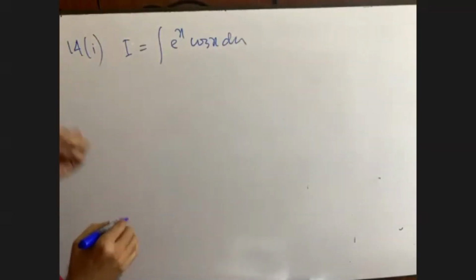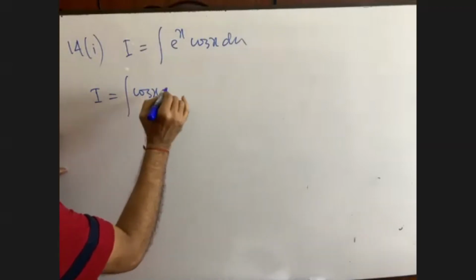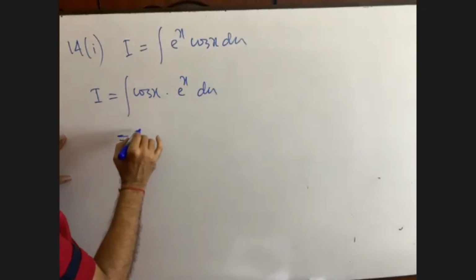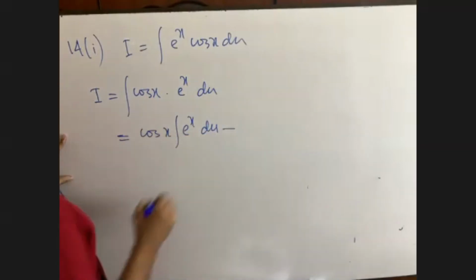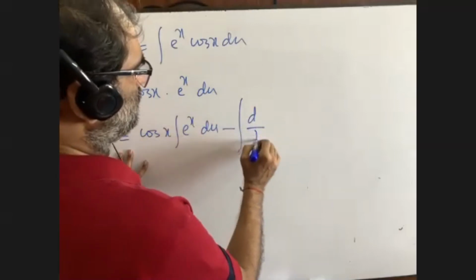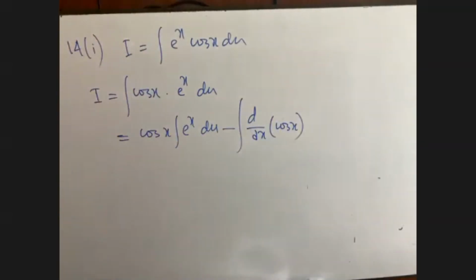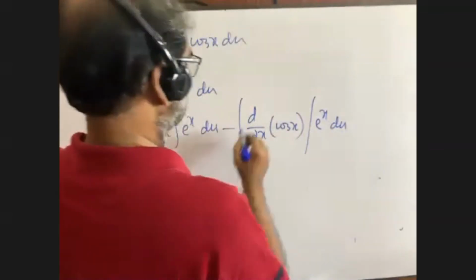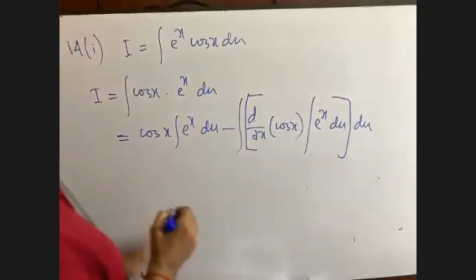Okay, so what will we do? We'll write down cosine x dot e^x dx. That is, we are getting cosine x e^x dx, right? Minus integration of d by dx of cosine x, then integration e^x dx, in third bracket, dx, right?